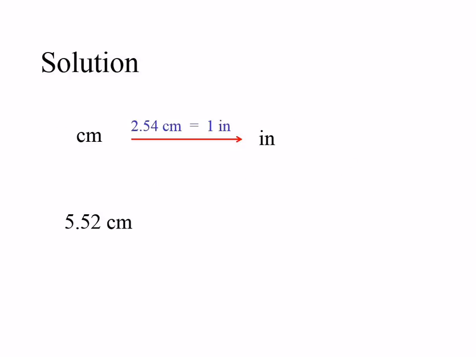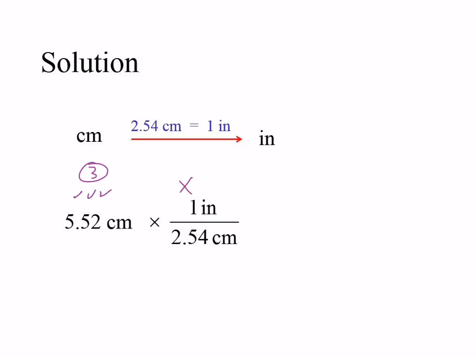So then we worked this problem. I always start with the thing I want to convert at the far left, and then I string things up. In this case, I want centimeters to cancel, so I'm going to put 2.54 centimeters down there and 1 inch there. So centimeters cancel, I'm left with inches. And then we need to round according to, I think you guys told me, 3 significant figures there.